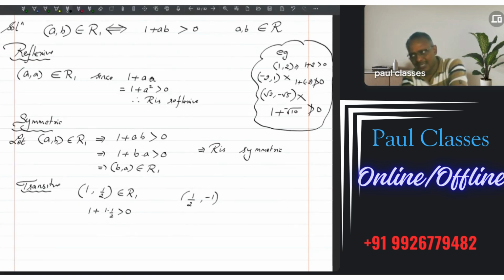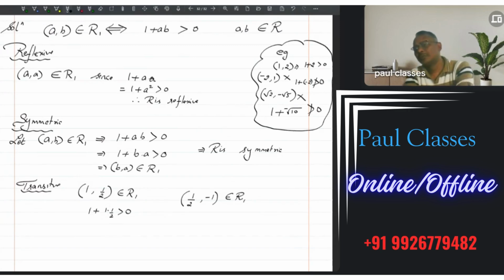Is this also there in R1? Yes. Why? How? Talk, I want to hear your voice. 1 plus half into minus 1 is 1 minus half. That is equal to half. That is surely greater than 0.